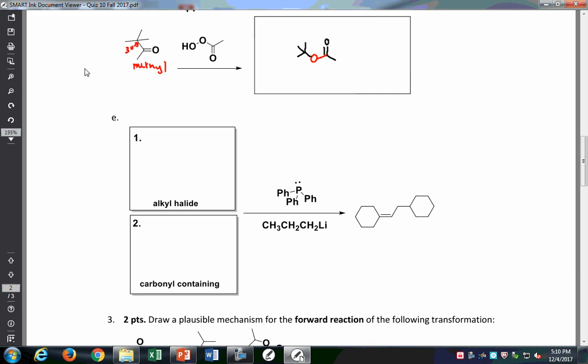So one of the carbons of this double bond is going to be the alkyl halide carbon, and one of the carbons is going to be the carbonyl. But we want the least substituted carbon to be the alkyl halide. The other thing is don't lose your carbons. So this will be the alkyl halide because this one's least substituted.